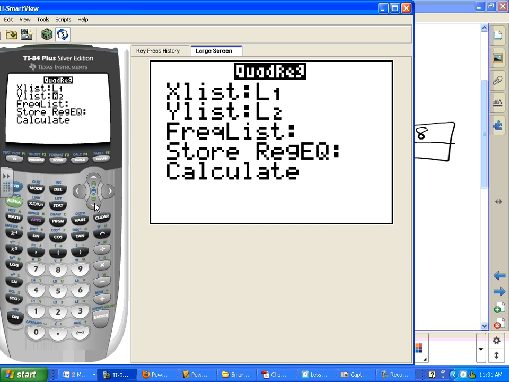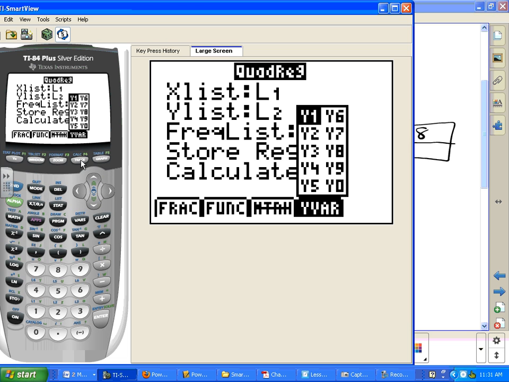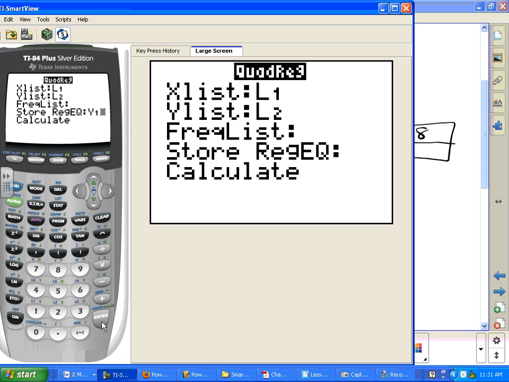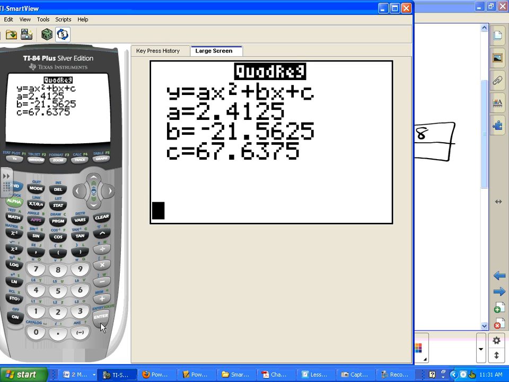And then once again, we're going to go down and put this in Y1. Store the regression in Y1. So alpha and trace. And there's Y1. So there's our numbers.